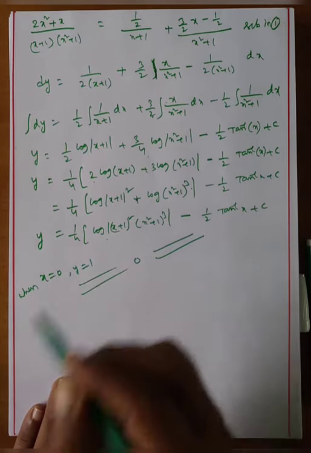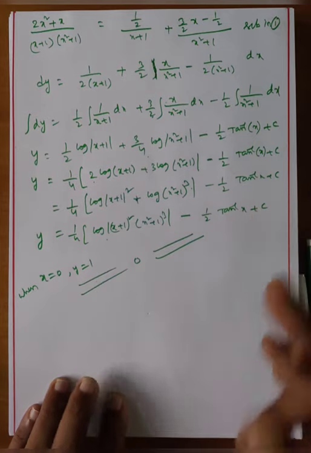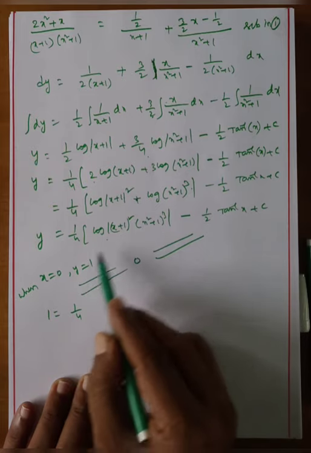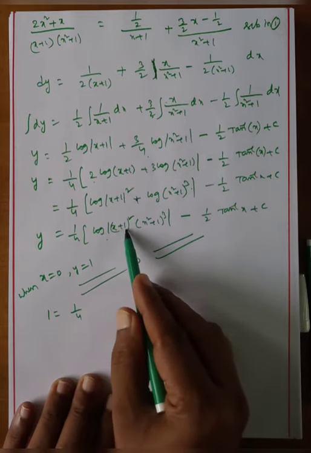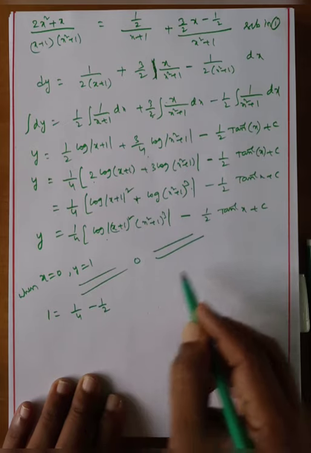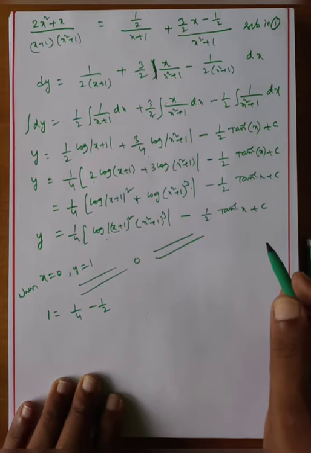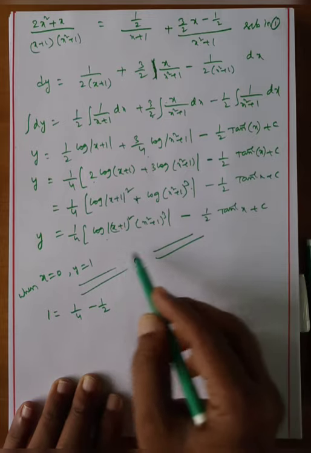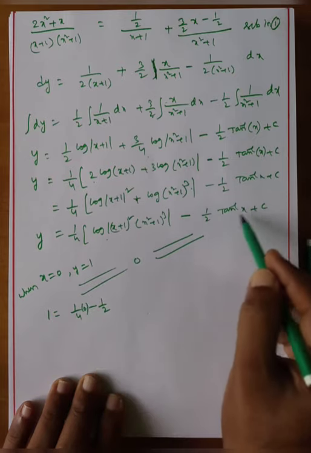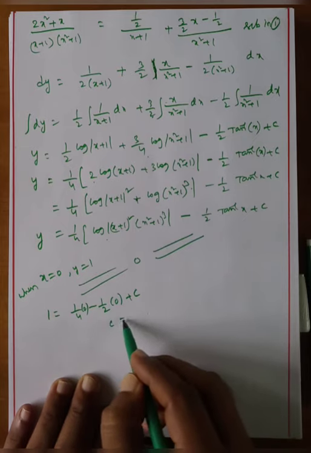Now substitute, since the value is given, to find the c value. y value 1 is equal to 1 by 4 into, observe that x value 0, 0 plus 1 is 1, log 1 is 0, minus 1 by 2 into tan inverse of 0, which is 0, plus c. Therefore the c value is equal to 1.